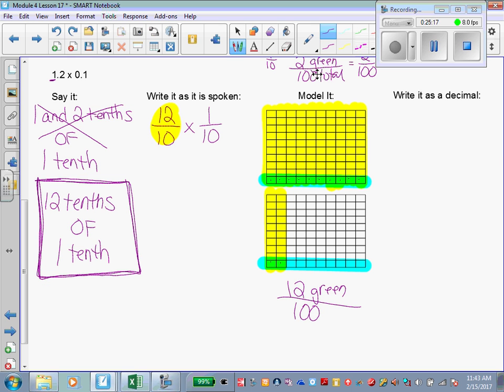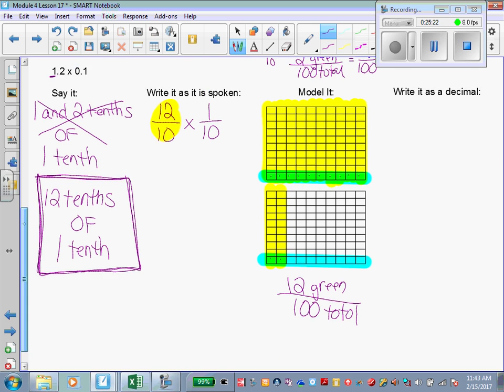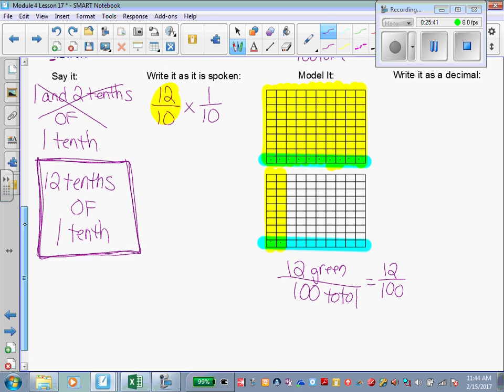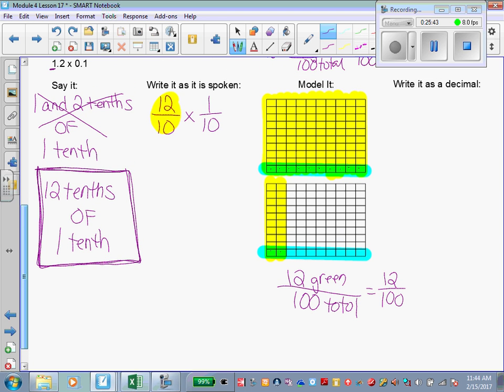So we have 12 green out of 100 total. And 12 out of 100 is what? Write it as a decimal. Is 12 hundredths, but now I want to write that as a decimal. Alright, let me go with Miss Brandy. 0.12. Very good. 0.12. 12 hundredths.